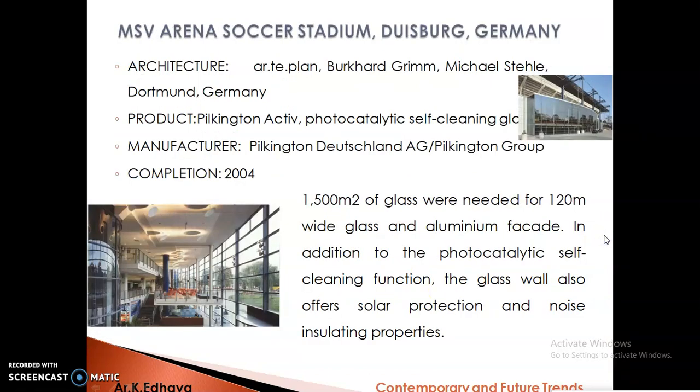Next is MSV Arena Soccer Stadium in Germany. The architect is RT Plan Burkhard from Germany. Here they have used Pilkington Active, which is again a photocatalytic self-cleaning glass membrane. Here they have a very huge glass frame installed on their facade, which is around 1500 square meters.